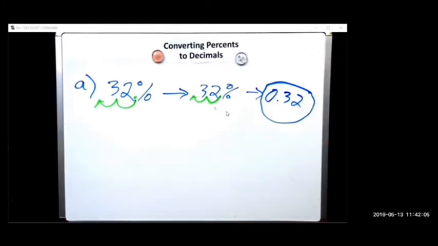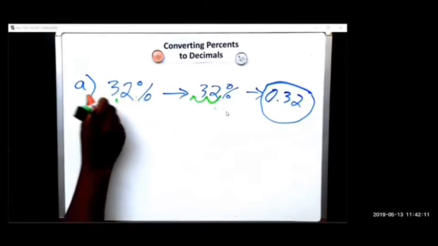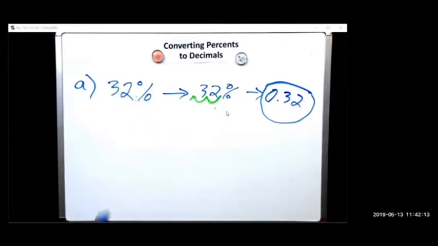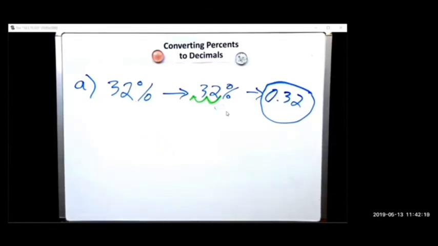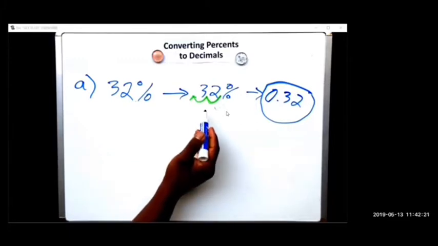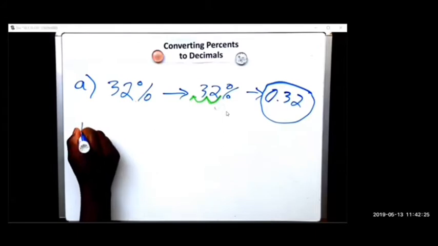That's converting a percent to a decimal. I want to make that step explicit. Yes, you can write 32 over 100 and do long division, or you can use this shortcut strategy.